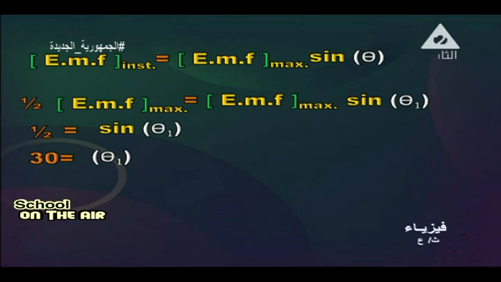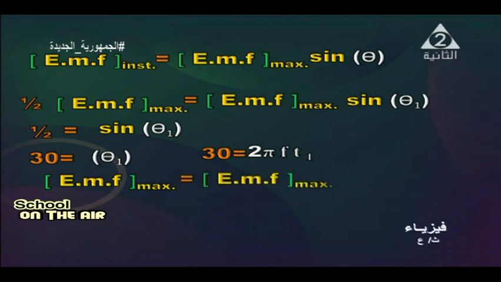And now we want to know the time to reach maximum, not half the maximum. By the way, any angle equals 2 pi ft. We managed to obtain T1. And at the time when the instantaneous EMF equals EMF maximum, following the rest of the equation, EMF maximum sine theta, EMF maximum will be cancelled out.